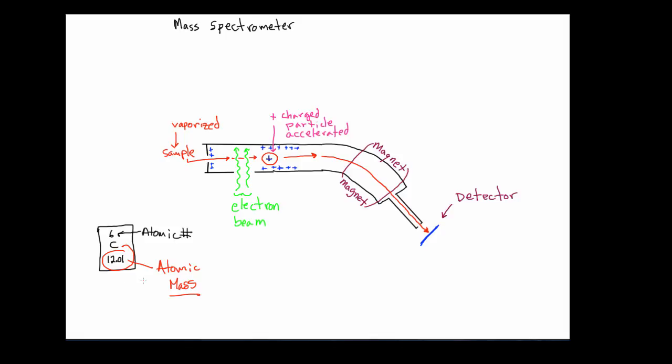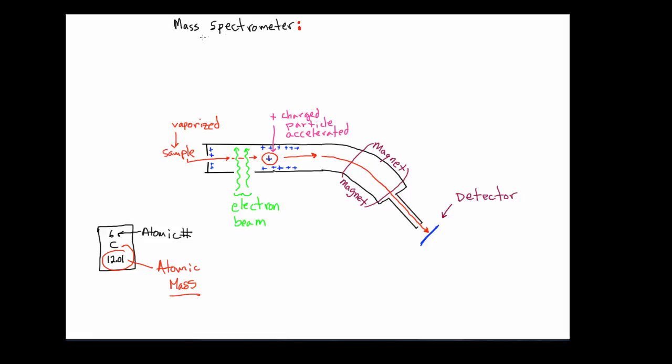Other applications might involve something like a Mars lander taking soil samples and then determining what elements are present within that sample. All of this boils down to, or at least one of the identifying factors of an element is its mass. So how do we determine the mass of an element or the mass of a molecule? That's the subject of this video.